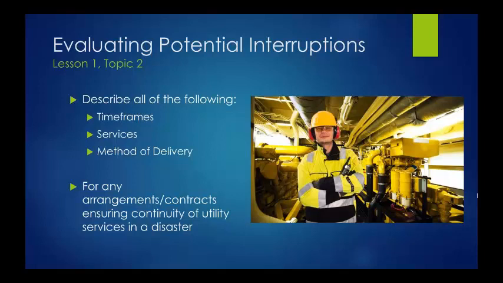What services will you be able to provide, and how will you deliver these services in the event of an interruption? Now, this interruption can be wildfires that are causing you to evacuate your facility. You still want to take care of your patient population, but you may need to do that in a different venue. Or how long will you have to be away from your primary facility? And how long can you do that, maintaining services from a different location?